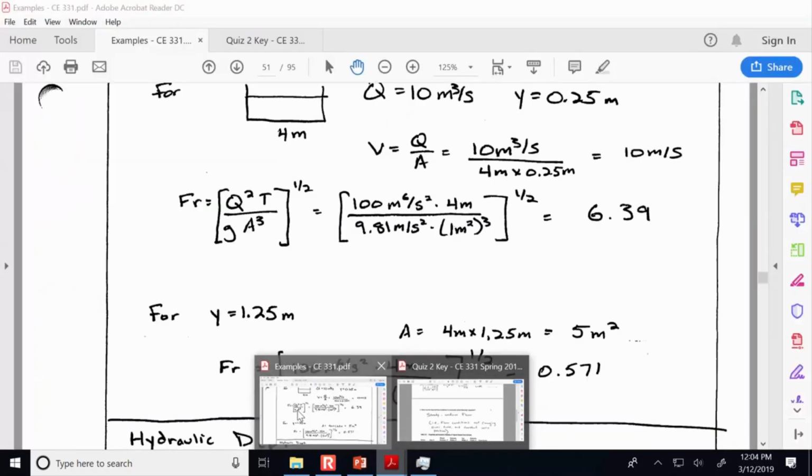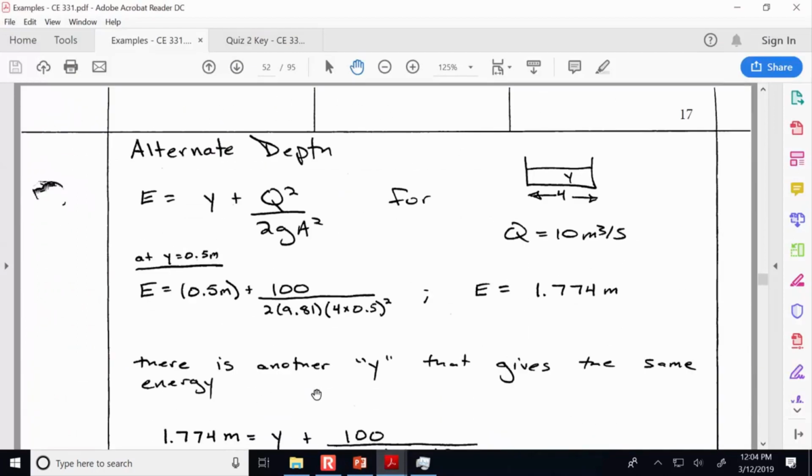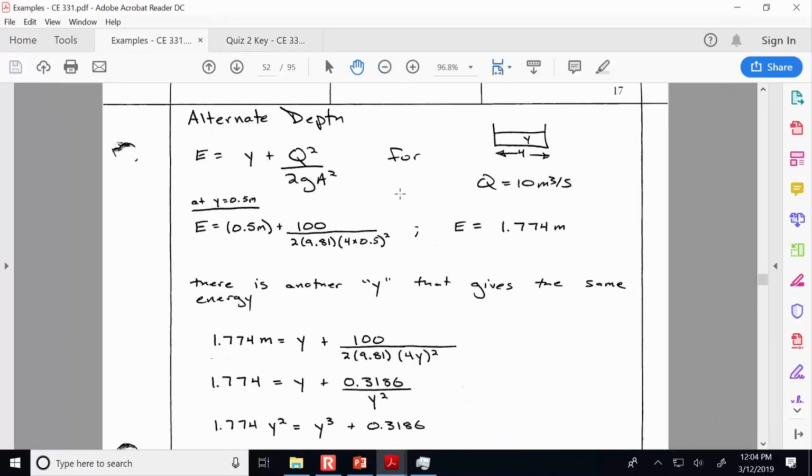So we're putting that in terms of the unknown depth, this other unknown depth that can give you the same amount of energy. Okay, so y is the unknown depth. We still know that the flow rate is 10, so 10 squared divided by 2g, and then the cross-sectional area is going to be 4 times whatever the depth is, squared.